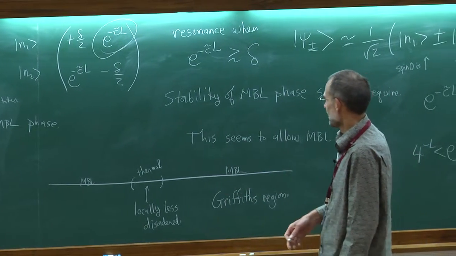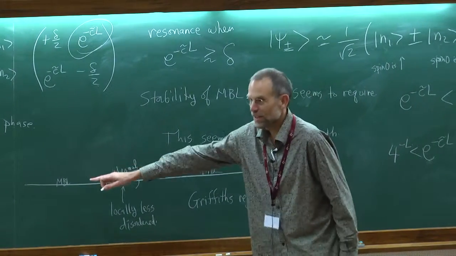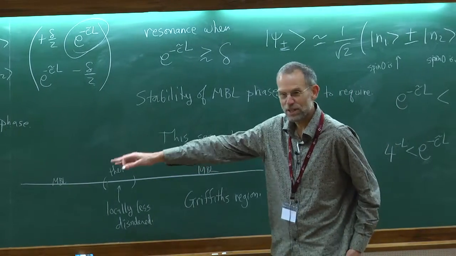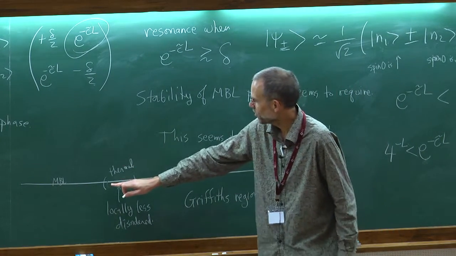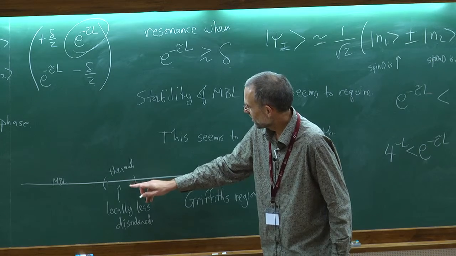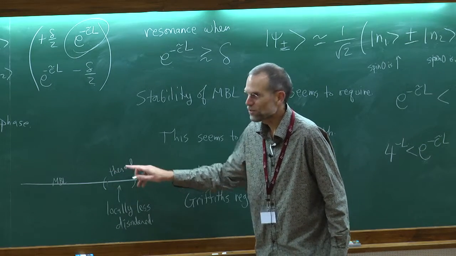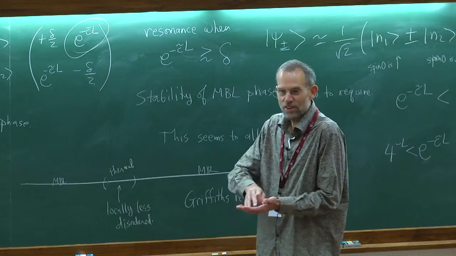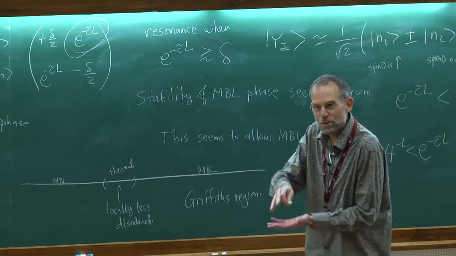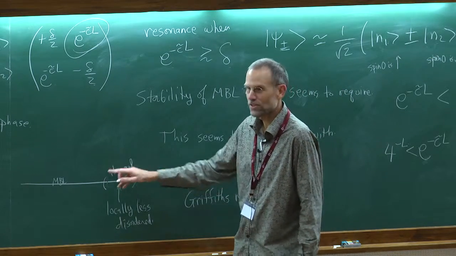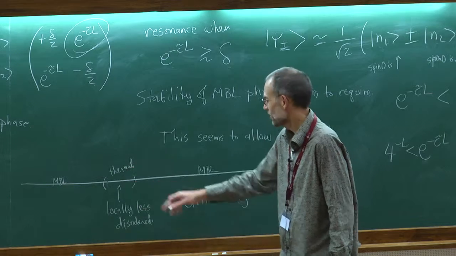Now, this is a different type of resonance. So in the context of the many-body localized phase, this is a different type of resonance where there are 2 to the L states inside this region, and they're all strongly hybridized with each other because the system is actually trying to be thermal in this region.